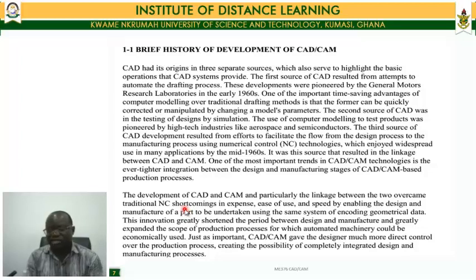Because CAD and CAM was becoming closer and closer, the integration became ever tighter and tighter between design and manufacturing. So you can look at CAD development and look at this linkage between the two, which was very important because it helped to overcome the traditional shortcomings of numerical control technologies.